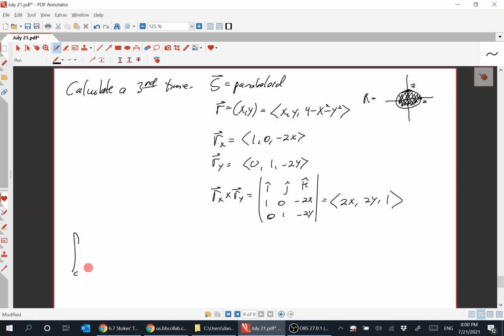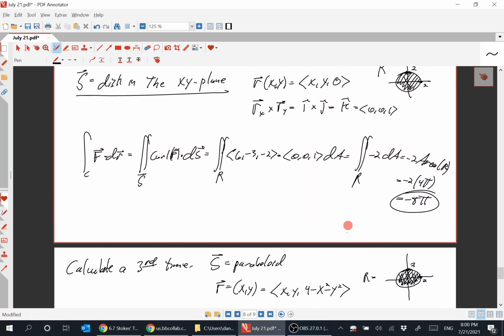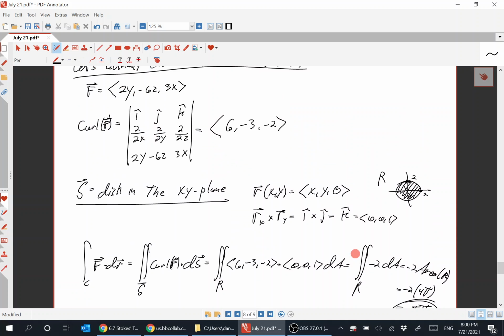So the line integral over C of F dot dr is equal to the surface integral over S of the curl of F dot dS. Now, this step might be different from the previous one because the curl might have some x, y, and z's in it. Because you have to take the curl along the surface, right?